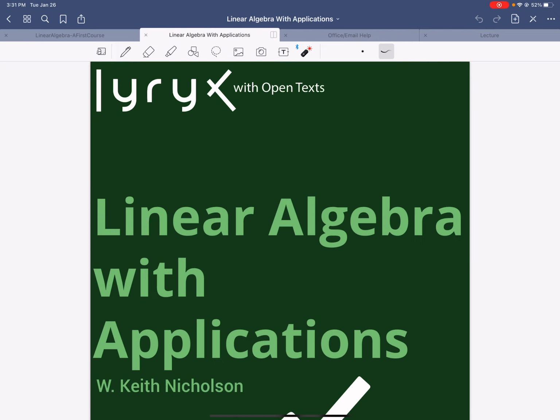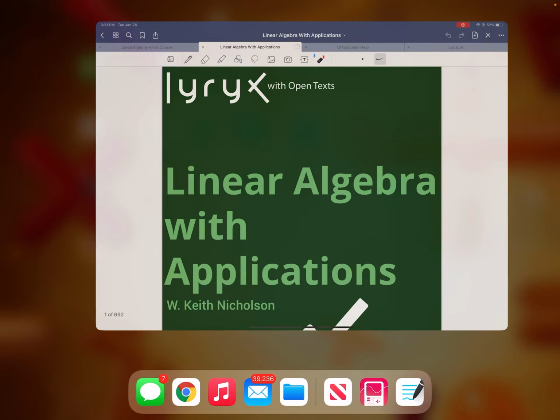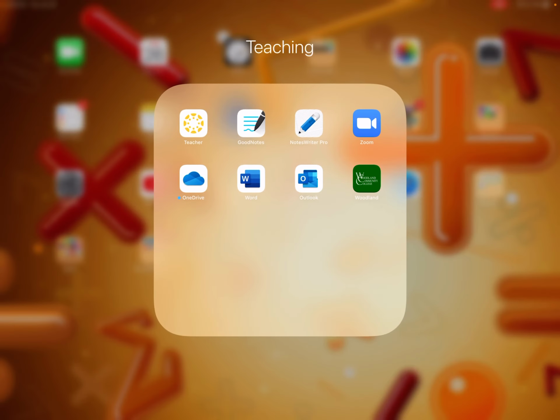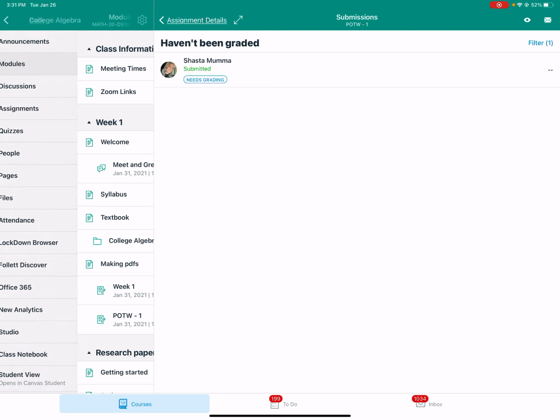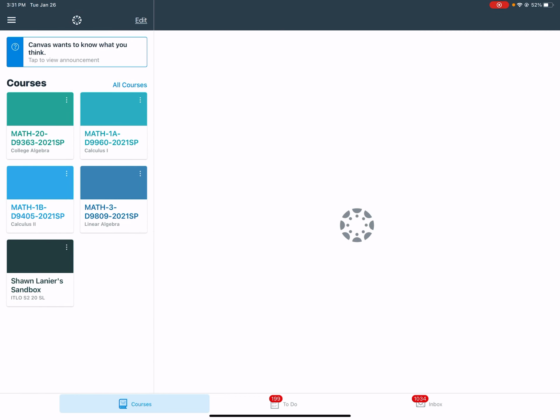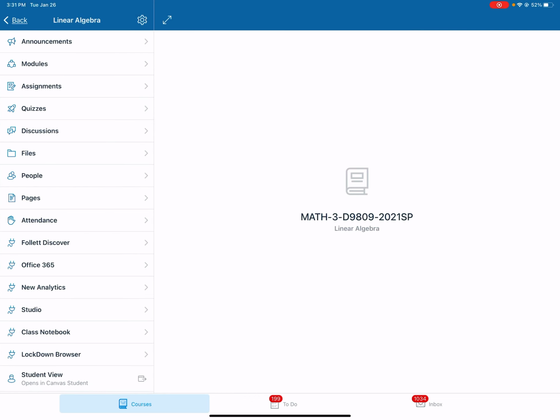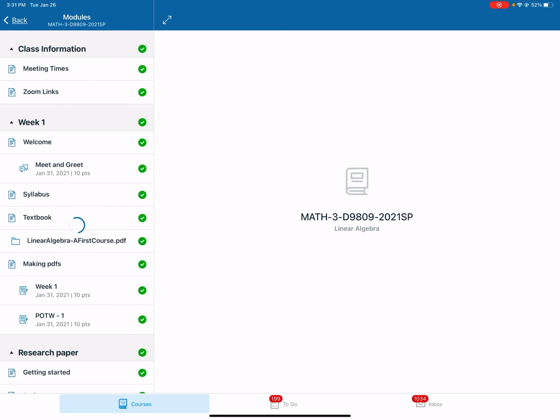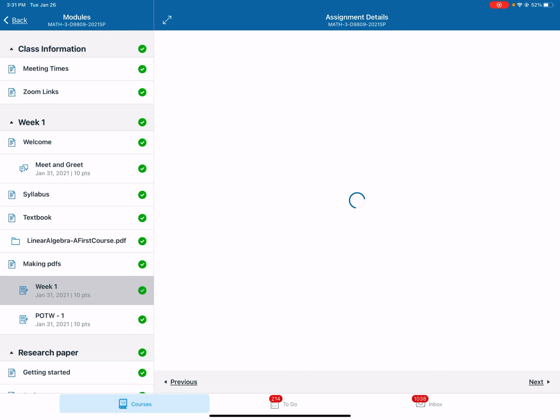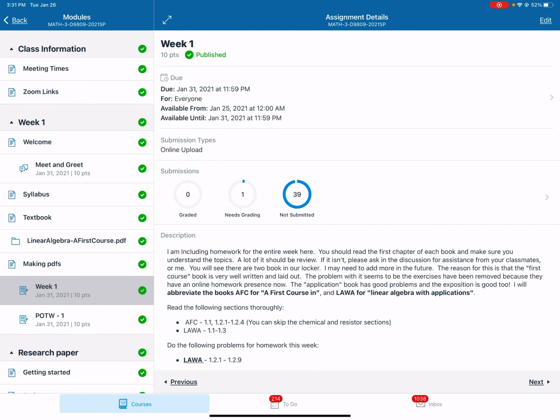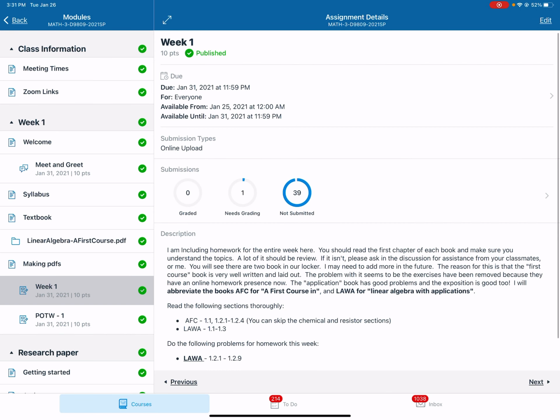The other book is Linear Algebra with Applications. And in your class, here, the AFC is a first course.